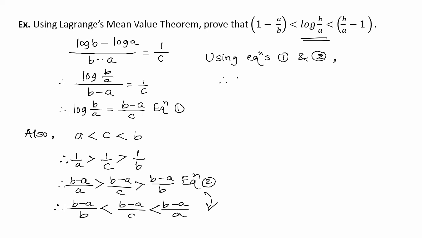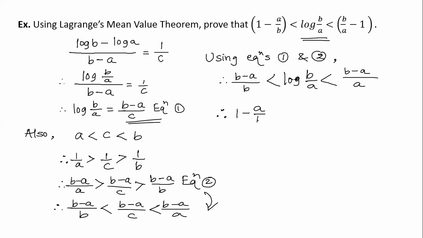Now, therefore, (B minus A) upon B is less than (B minus A) upon C. In equation 1, (B minus A) upon C is equal to log of B by A. And again, from equation 2, that is less than (B minus A) upon A. And therefore, (B minus A) upon B is 1 minus A by B. So I am putting in bracket, that is less than log of B by A, and this is less than (B minus A) upon A, that is B by A minus 1.